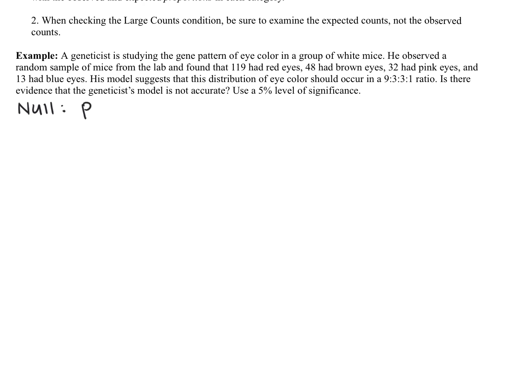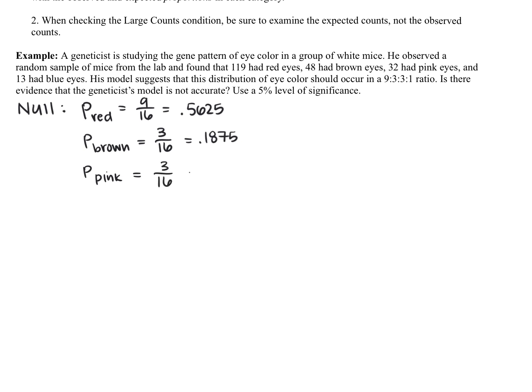That tells me my proportion of red eyes is going to be 9 over 16, which is 0.5625. My proportion of brown is going to be 3 over 16, which is 0.1875, which is also the same as my proportion of pink. It's also 3 over 16.